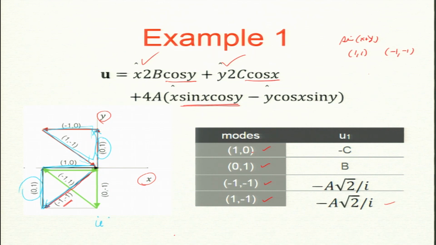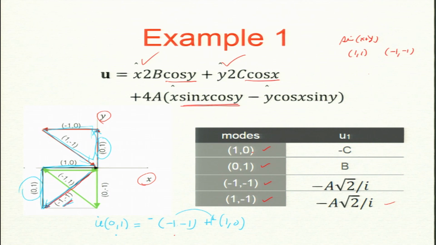If I write u dot of 0 1, then it will involve -1 1 coming from here plus 1 0. If I add these two, I will get 0 1, minus of this, minus of this. So they add together.